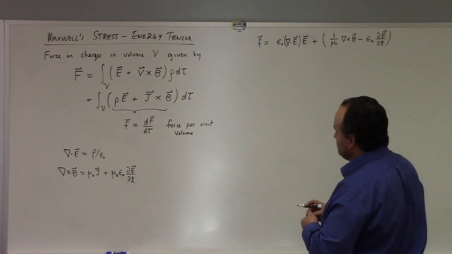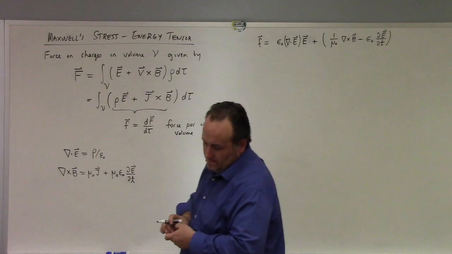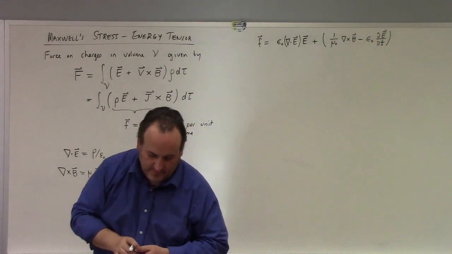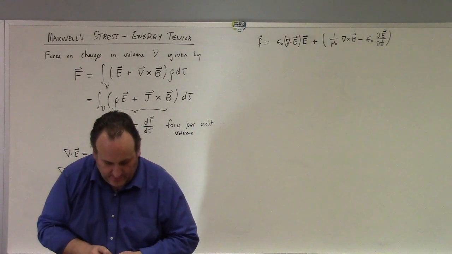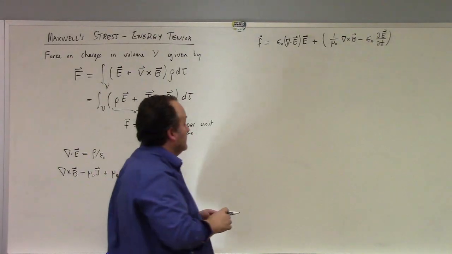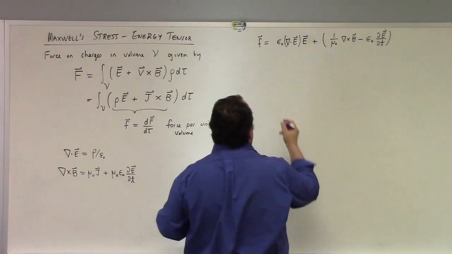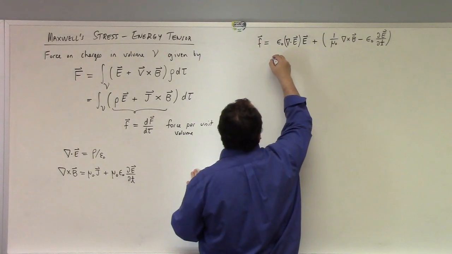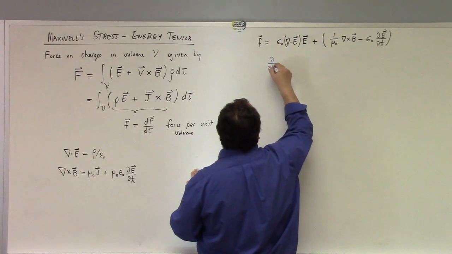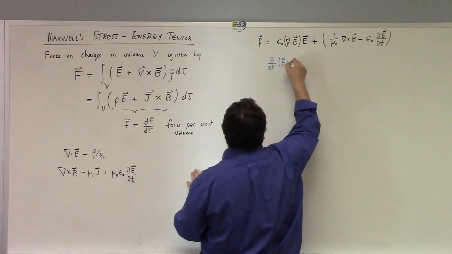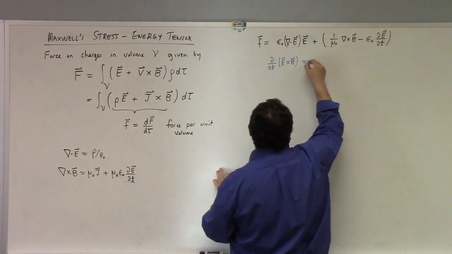All right. Let's notice a couple things. One of the things we should notice is that the time derivative of the cross product of E and B satisfies the product rule.